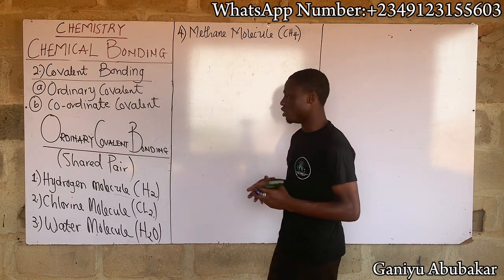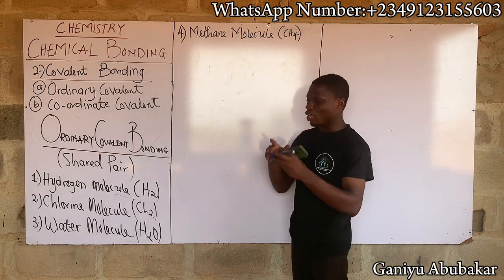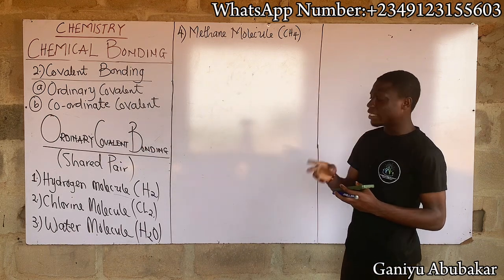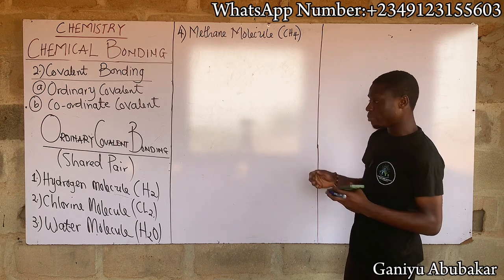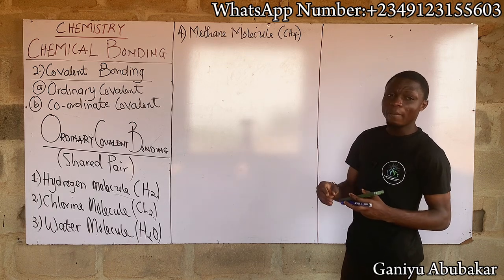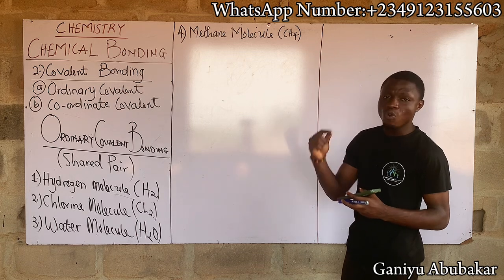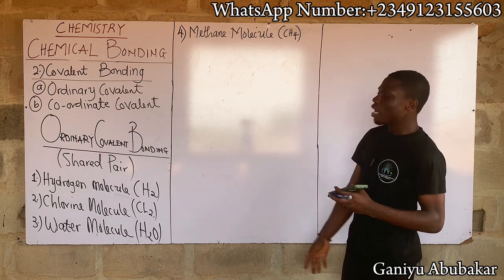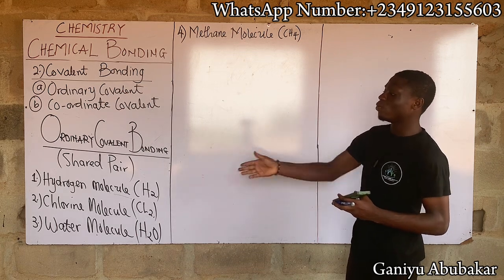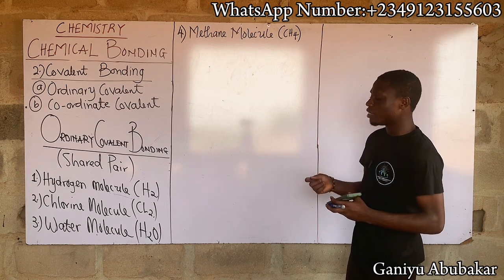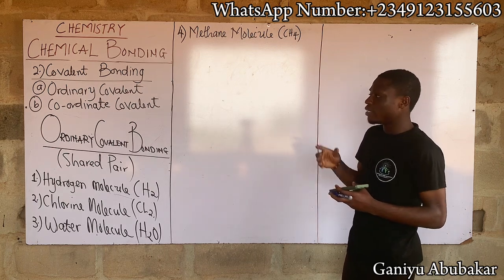Ordinary covalent bonding. So when you have a compound that has the atomic concept, it should be what? Ordinary covalent bonding. Let me show you number 1 to prove that this is a covalent bonding, that is, an ordinary covalent bonding.